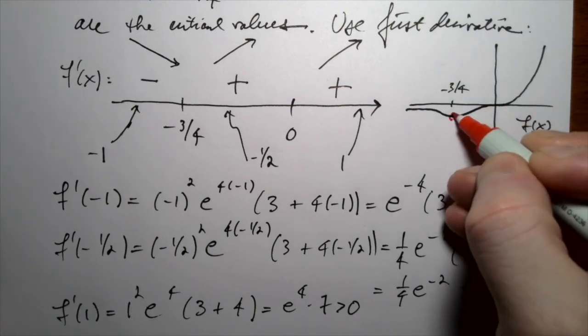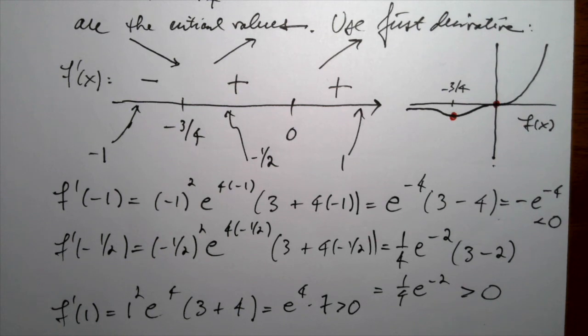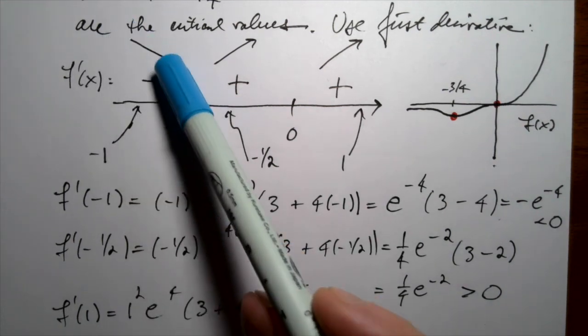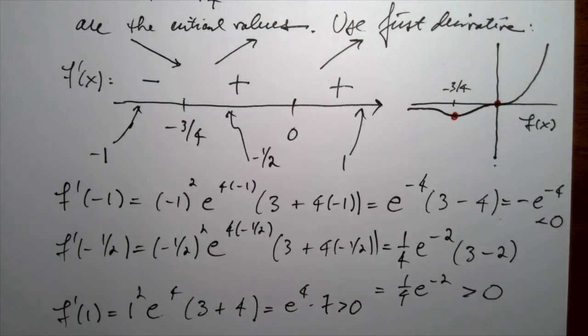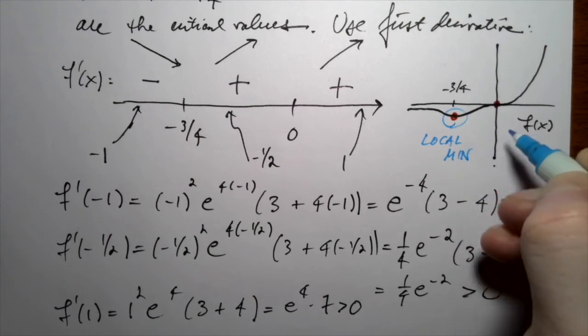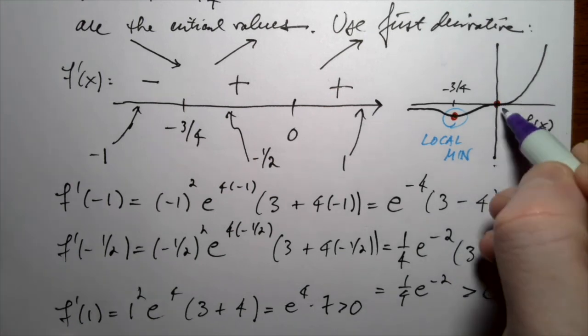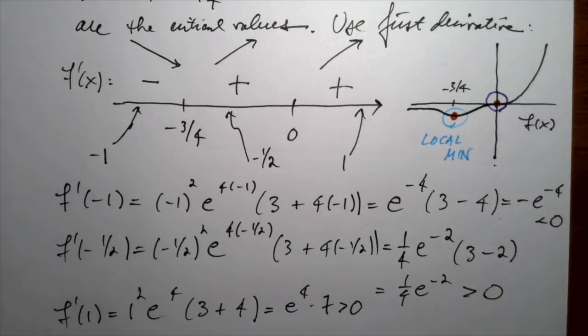And the critical values we found were at minus 3/4 and at 0. And now as we can see, because of the first derivative test, decreasing then increasing, this one is a local minimum. But this one at the origin is not a local minimum or a local maximum. It's neither. It's actually an inflection point.